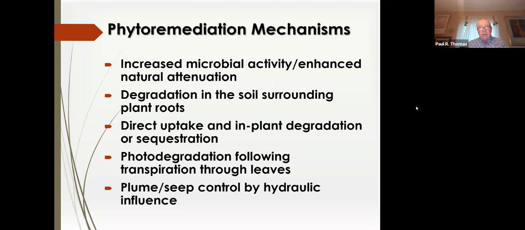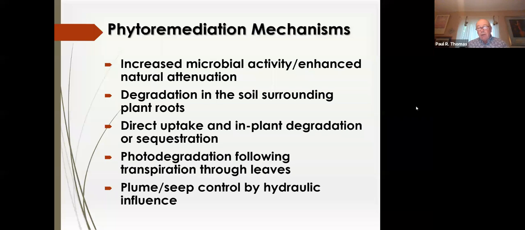What's happened over the years is that most applications of phytoremediation, particularly as we practice it at Applied Natural Sciences, is with regard to organic chemical degradation and remediation.